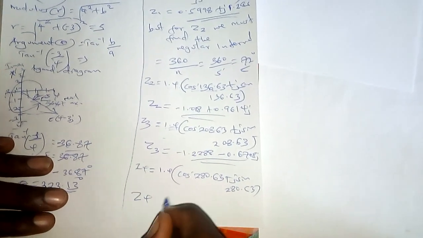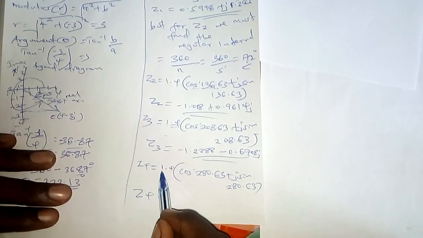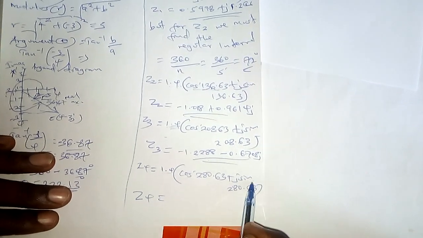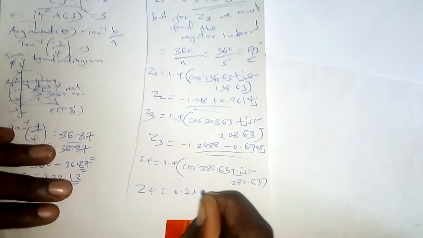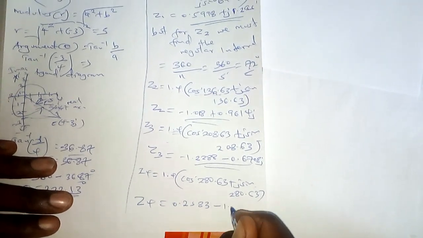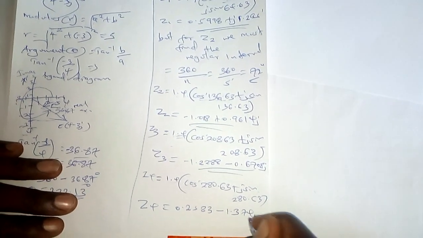If you multiply this out, z4 will be 0.2583 minus 1.374j.